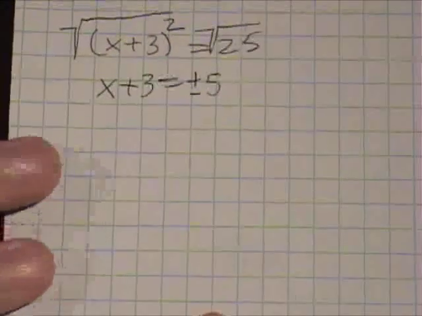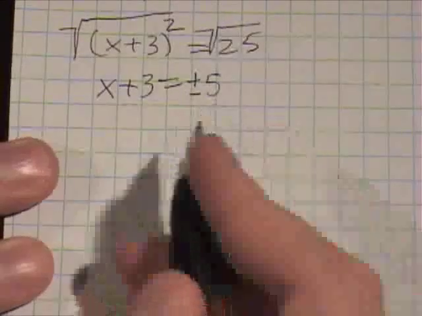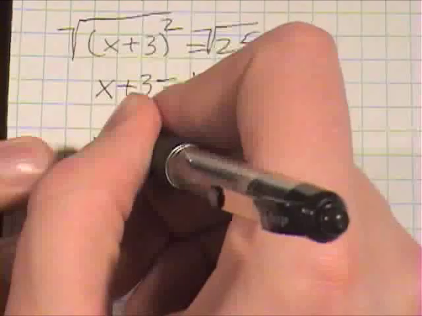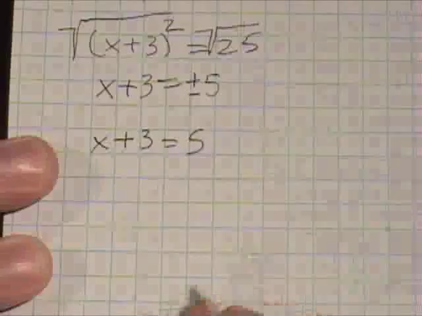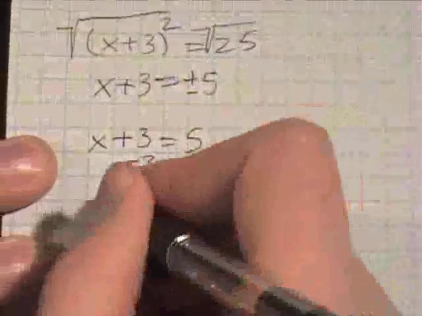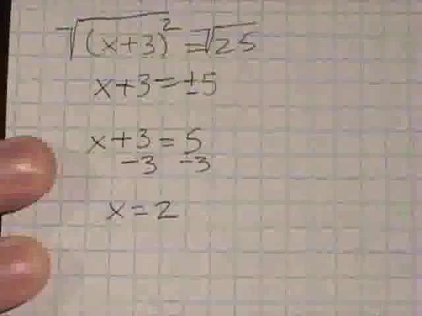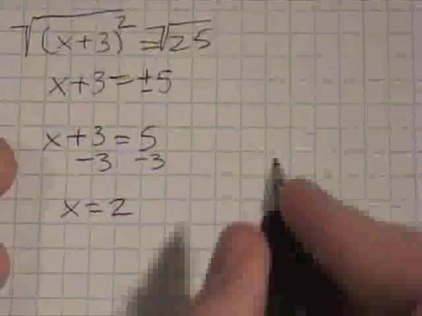Now we solve for x. Let's first solve for x when the 5 is a positive number. So x plus 3 equals positive 5. So we subtract 3 from both sides, and x equals 2. Now let's try it when 5 is a negative number.